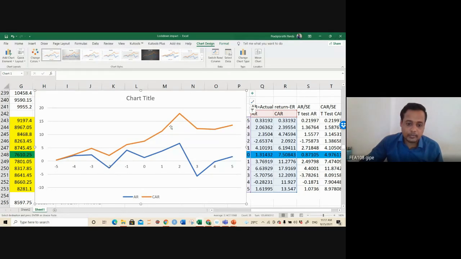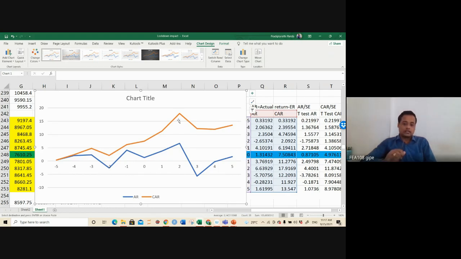And cumulative abnormal return will accumulate all the holding period returns. That's how it is falling, but it's in the positive region, and it has been rising. So what we can conclude from this graph is this particular event of countrywide lockdown has resulted in positive abnormal return for 2 days for Reliance.